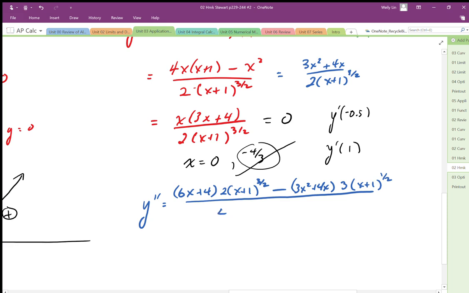Okay, so I'm going to get 4, and then squaring that, I'm going to get x plus 1 cubed.